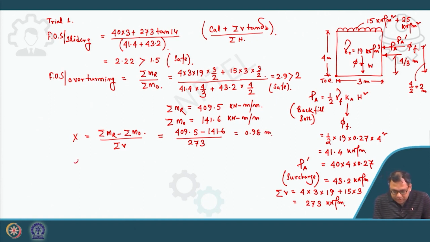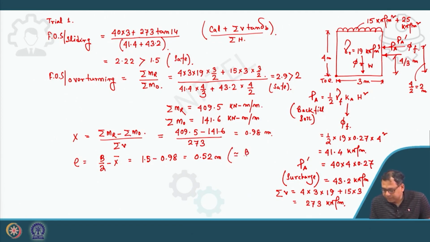Okay. So, E will be B by 2 minus x bar. So, it will be 1.5 minus 0.98. So, it is 0.52 meter. Which is almost close to B by 6, which is 0.5 meter. So, which is almost close.